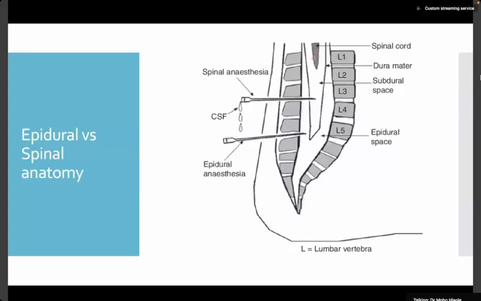So we go below that because we do not want to cause damage to the spinal cord. We usually go L3, L4, or L4, L5. You can go L2, but I wouldn't. L3, L4 you can still go, and L4, L5, and anything below that should be safe, because the spinal cord ends higher, so there's no chance of you causing spinal injury.